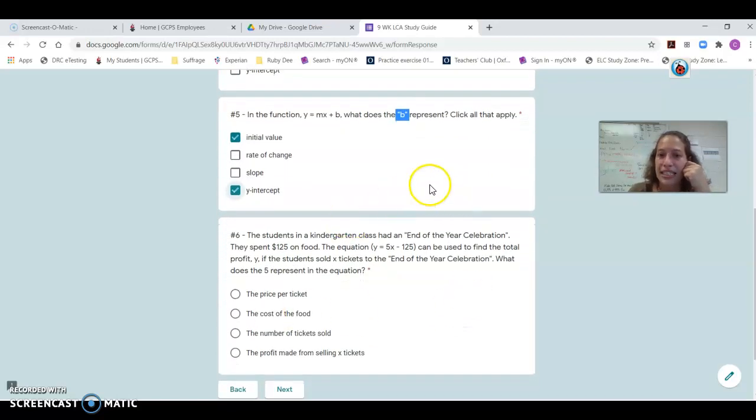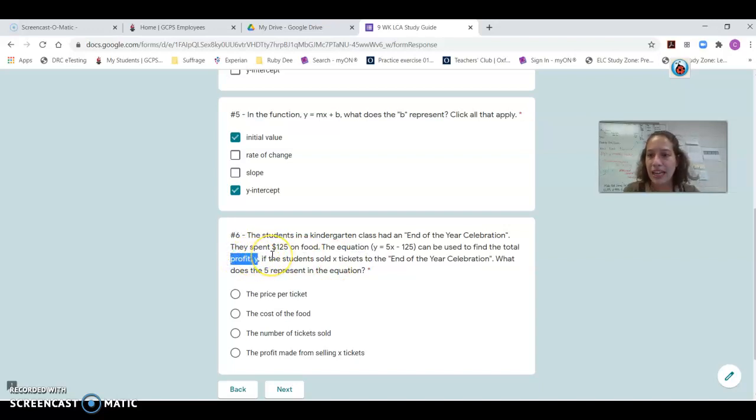We went through number 6 together also, and we found that in this word problem, they told you what every part of the equation represented. They told you that 125 was for food. They told you that x was the tickets. And they told you y was the profit.